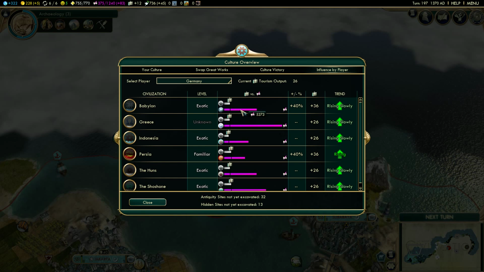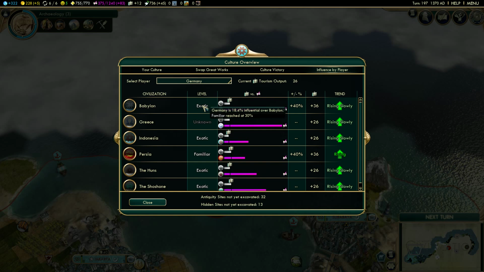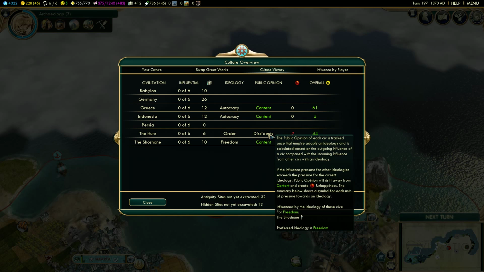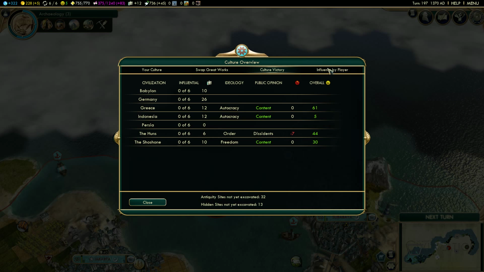That kind of brings us to the second part, of course. So to recapitulate, if that's even a word, the difference between your tourism and the opponent's culture determines the influence level, and the difference between influence level between you on them and they on you determines the ideological pressure, which results in 1 torch for the Shoshone on the Huns.